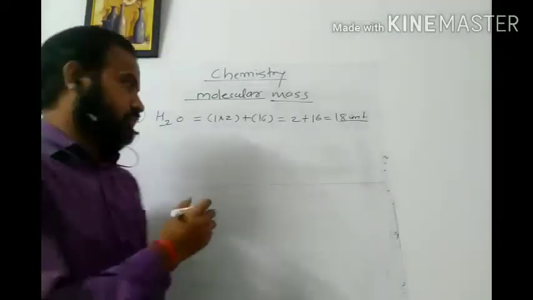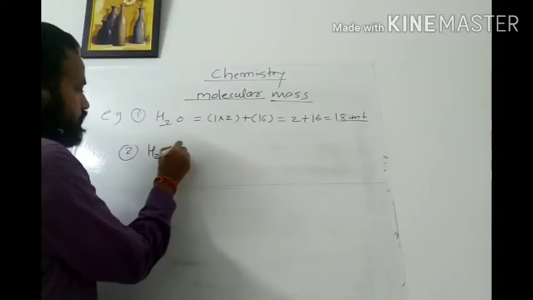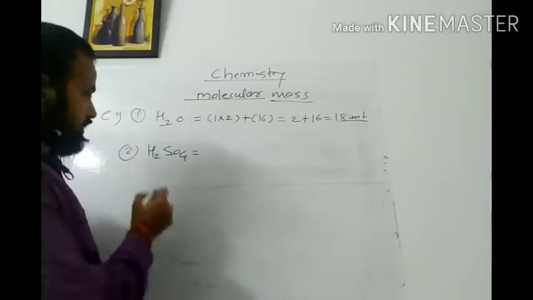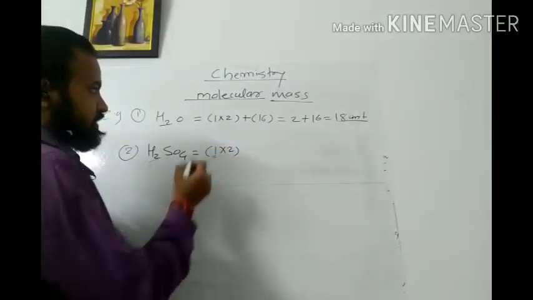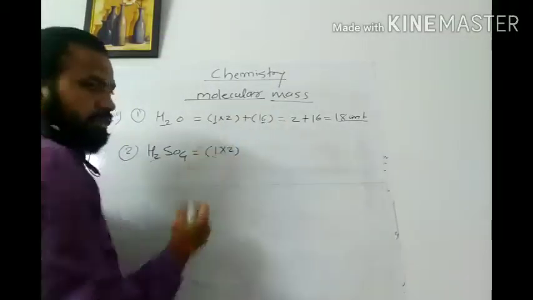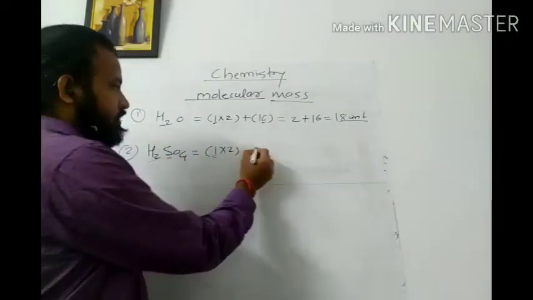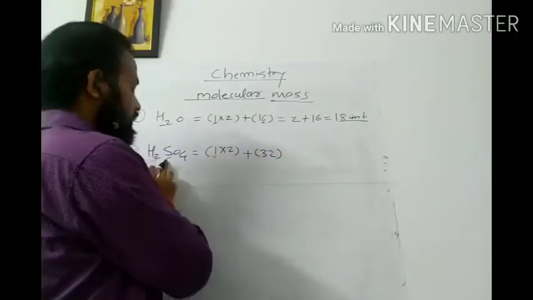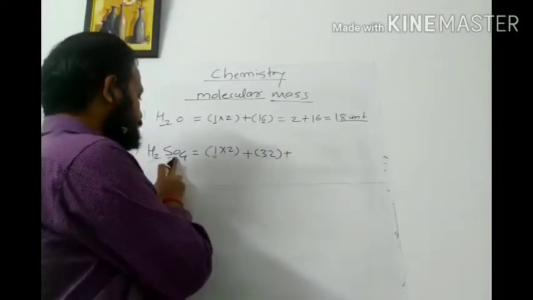Let us say second example, H2SO4. Here again there are 2 atoms of hydrogen, atomic mass is 1. I am just underlining atomic mass here. Plus sulfur, atomic mass is 32. One and only one atom is there, so I just write here 32, plus O4.